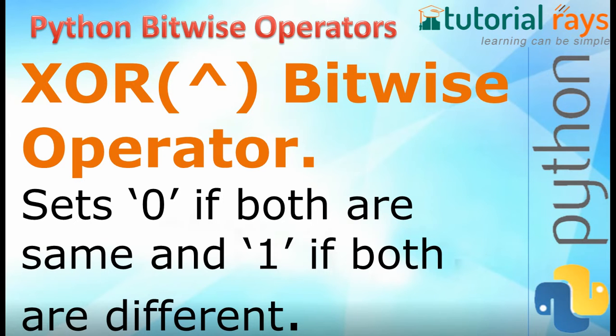Now let's see the XOR operator. What happens is, it sets 0 if both are the same and 1 if both are different.